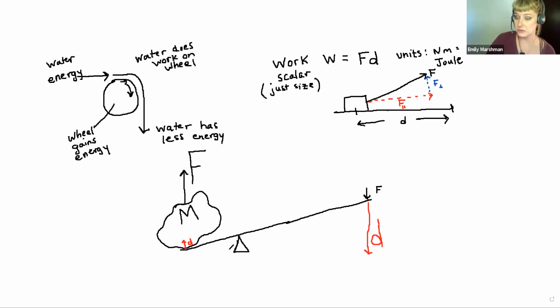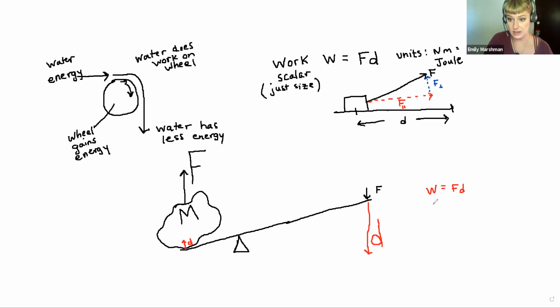So there's a trade-off here. I have to apply a smaller force over a larger distance to be able to lift a larger object with a large amount of force over a smaller distance. But in both cases, remember, work is force times distance.